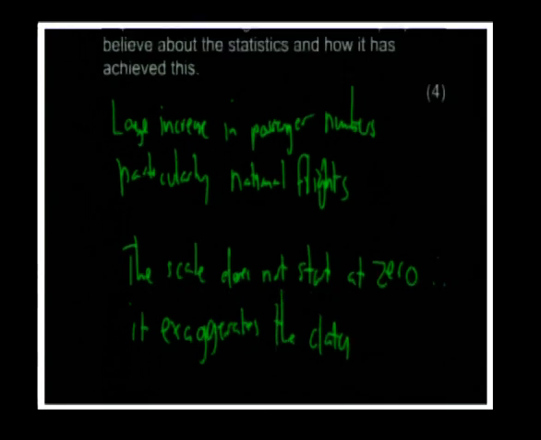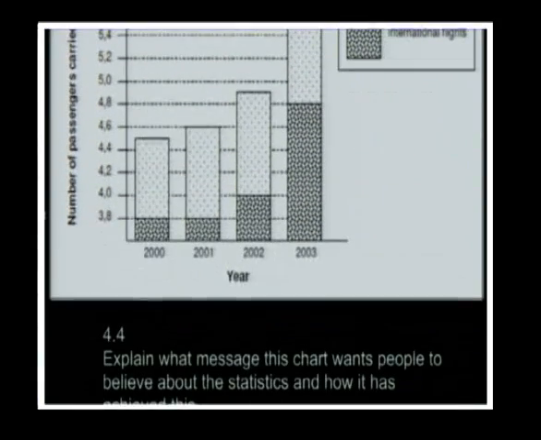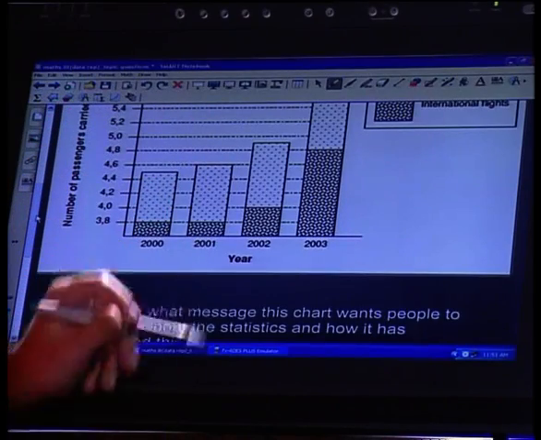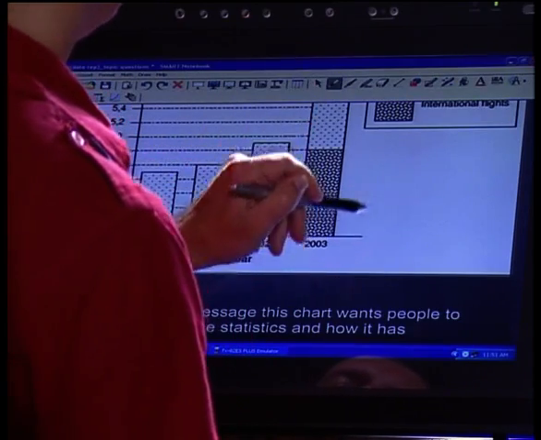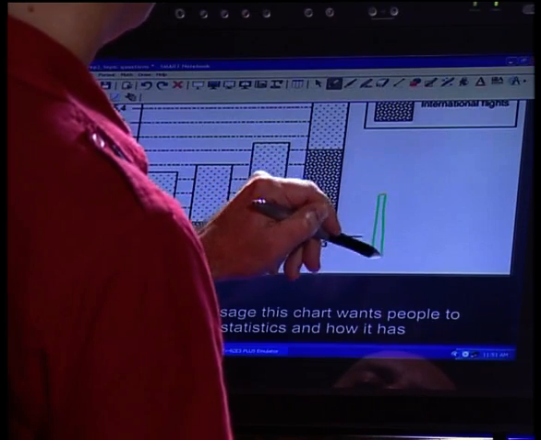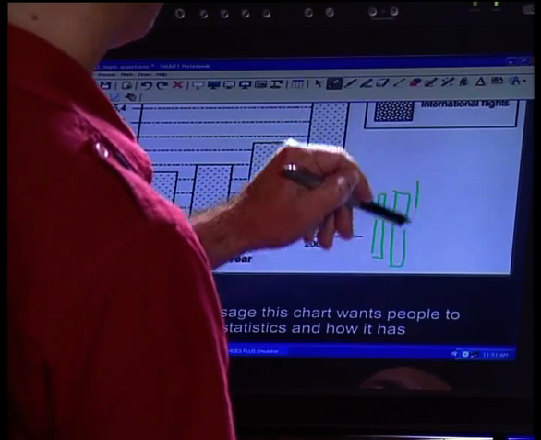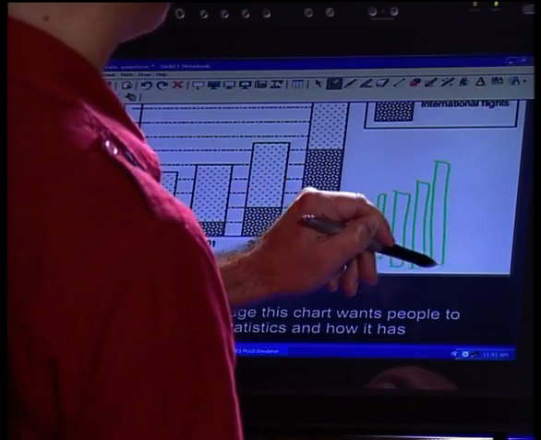You see, if we had started at 0, these columns over here would be much taller. And with tall columns, let me try and draw it for you here quickly. If we had very tall columns starting about there, then the next column would have only been slightly bigger, and the next one only slightly bigger than that.